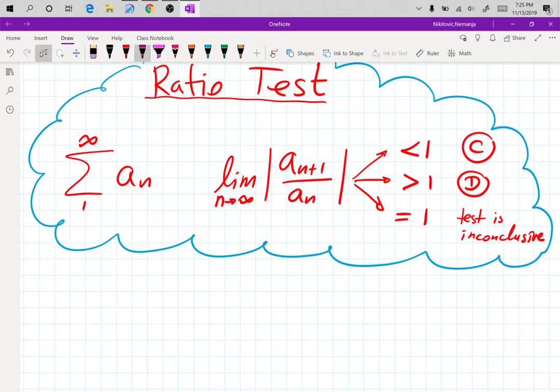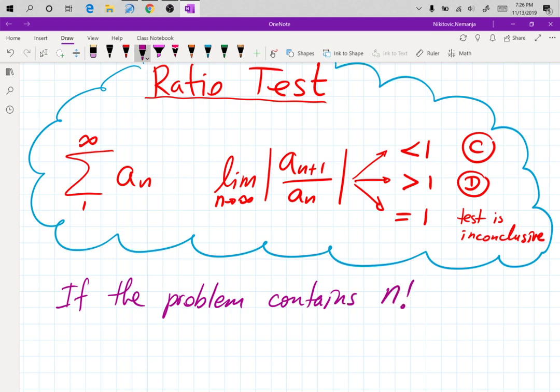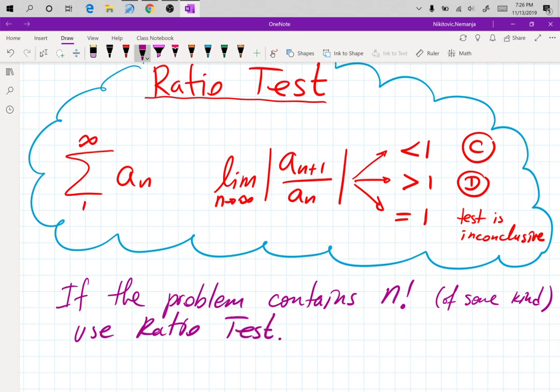Now, I'm going to add a sentence. If the problem contains n factorial of some kind, use ratio test. This is the only test that is to be used for factorials.